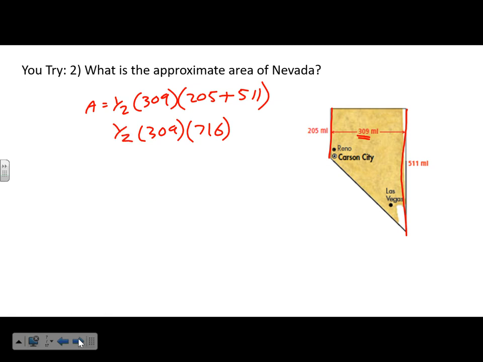And now we multiply those. 0.5 times 309 times 716, we end up getting 110,622. So that is 110,622 miles squared.